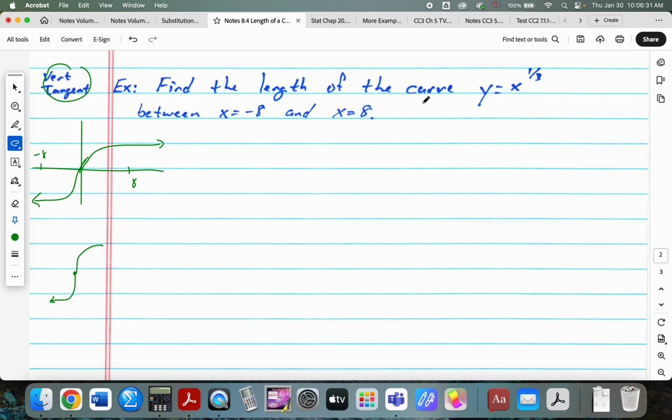Well, what we can do then is rewrite everything as x in terms of y. So this would be x is equal to y cubed. Y cubed is defined everywhere, so we don't have a problem. When x is -8, y is -2. When x is 8, y is +2.